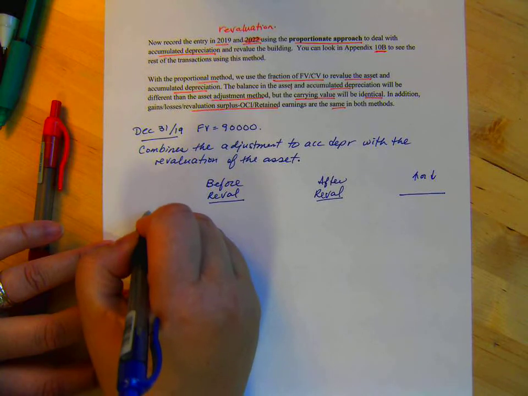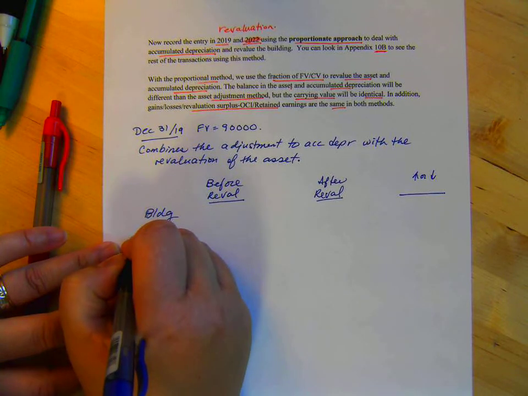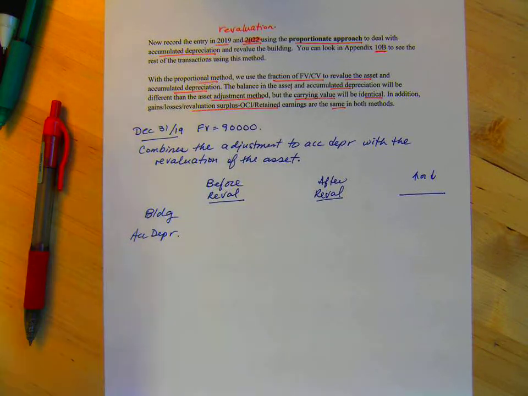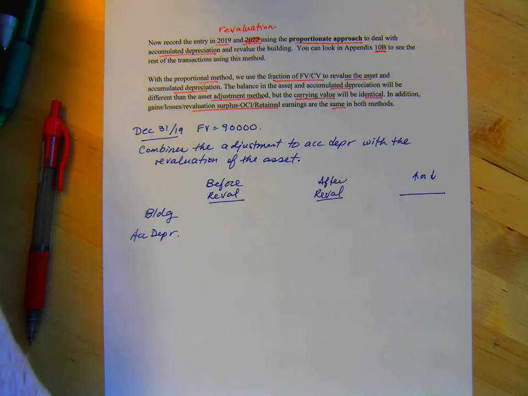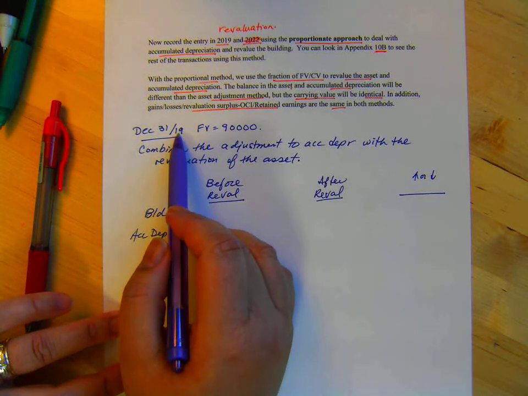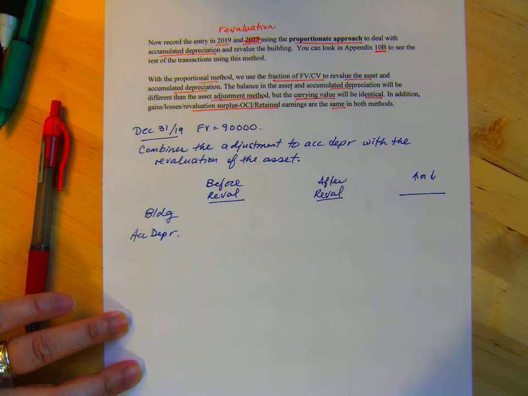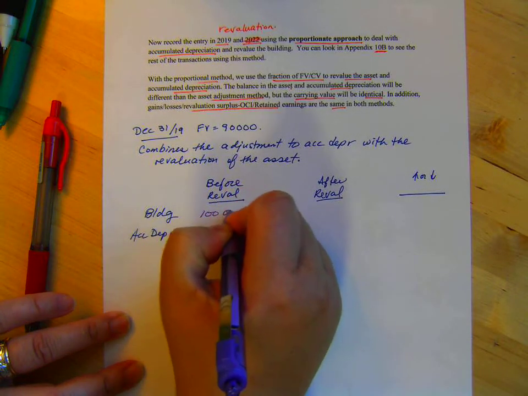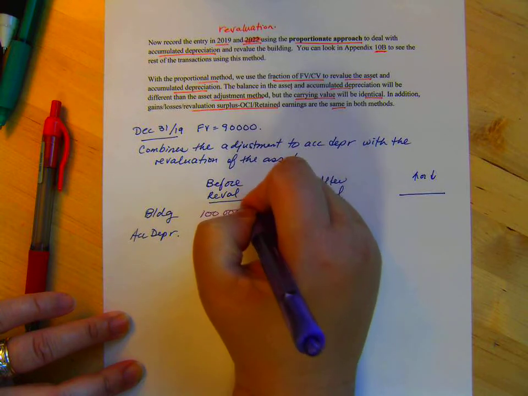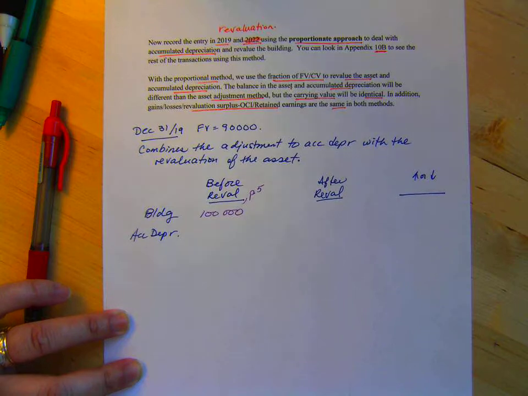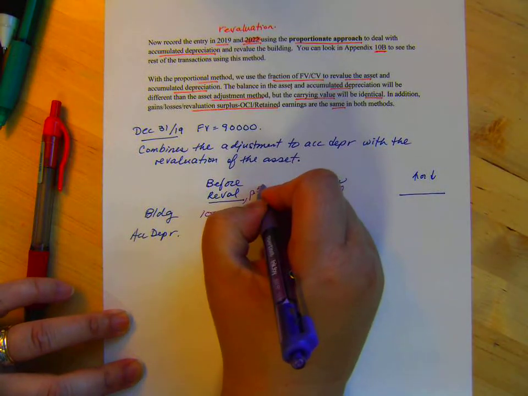So we've got a building, and we've got accumulated depreciation. For the revaluation, because it's just the first revaluation, our building, if you look back at the question, was 100,000. And that was on page 6.